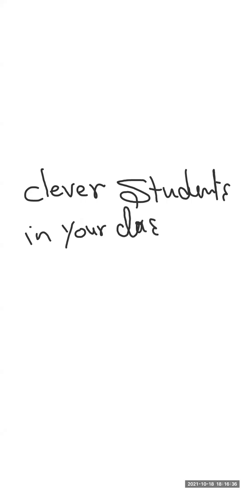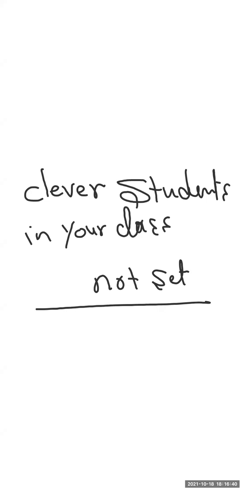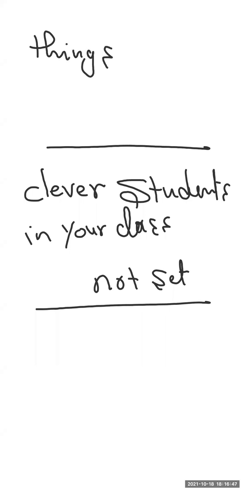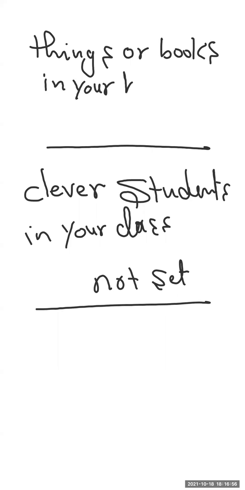So in this case, if my question is like that, clever students in your class, of course it's not a set. But if the question is like that, things or box in your bag, of course, you know the box or the things in your bag.